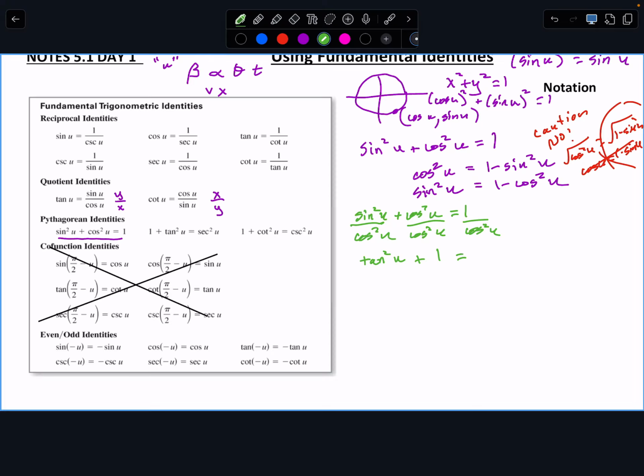And the reciprocal of cosine starts with a c, its reciprocal starts with an x. And they typically write it with the 1 first. And that's how you can develop that second Pythagorean identity.